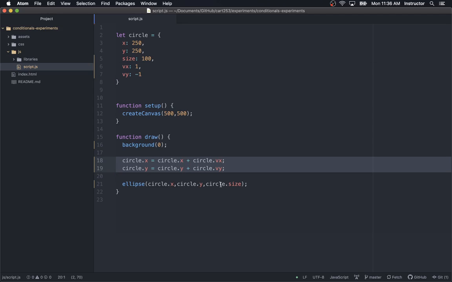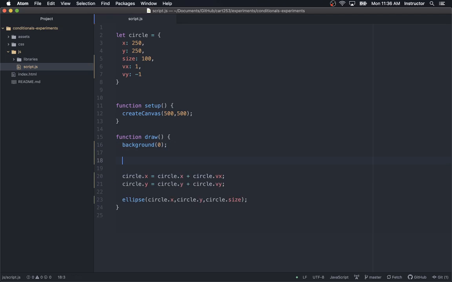So if we wanted to control this circle in a more interesting way, we could start using conditionals to change its velocity. Rather than directly mess around with its position, if we want to change the way it moves, we would control its velocity. So let's use the mouse to do that.